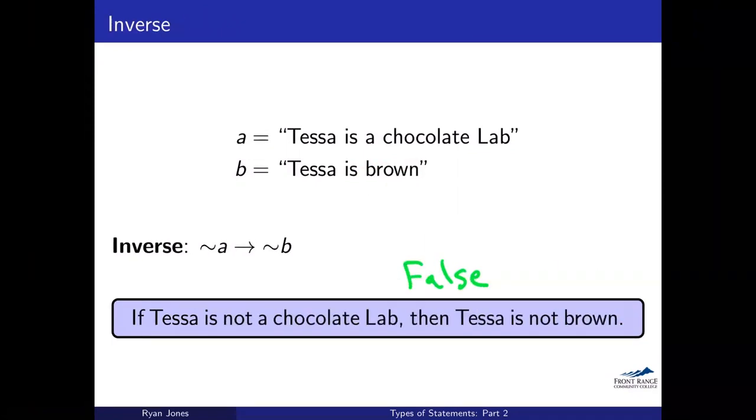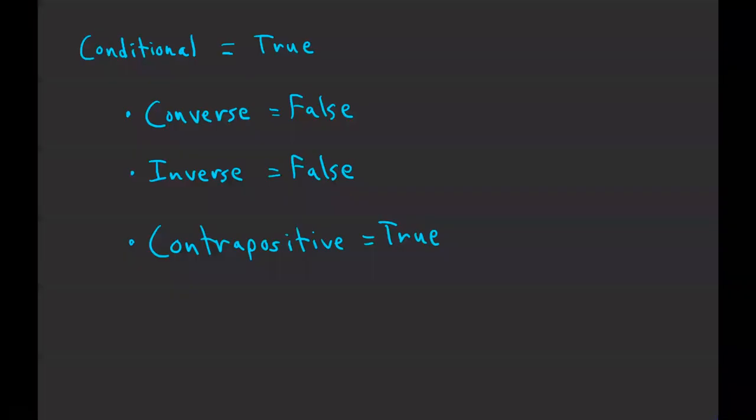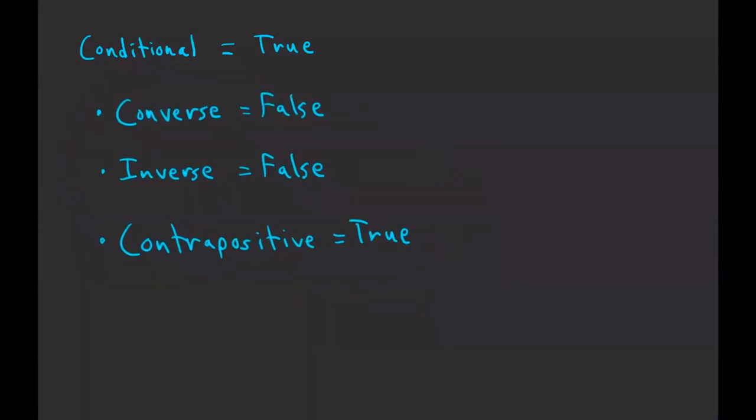And so what I want to point out there is that if the conditional is actually false, then we have a whole different game here. Let me give myself some space. If the conditional is false, it turns out that the converse and the inverse are in fact both true statements, right?